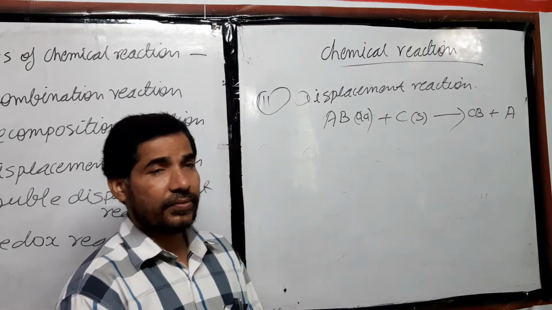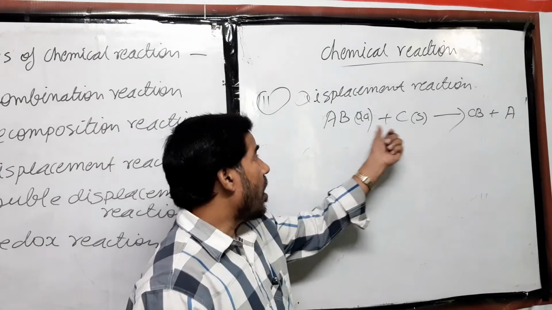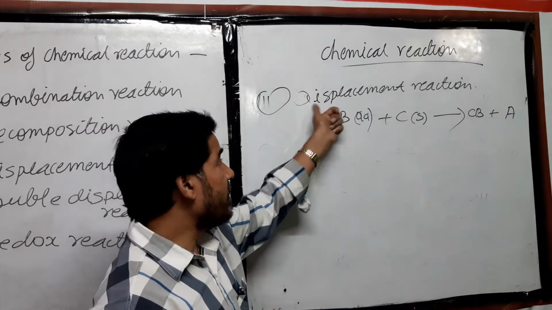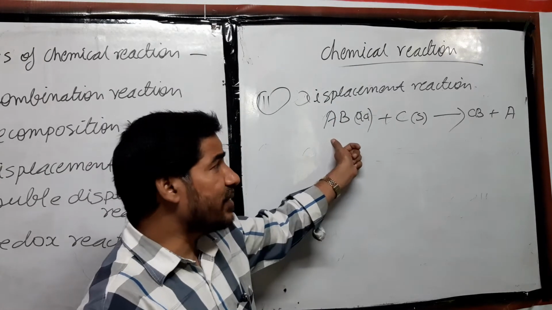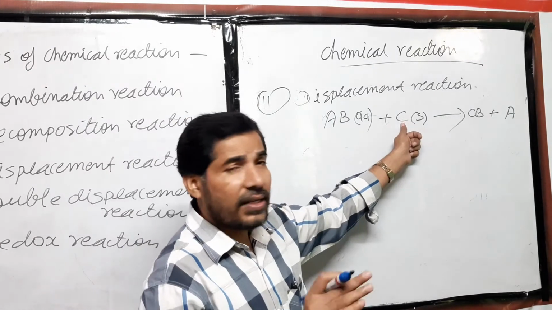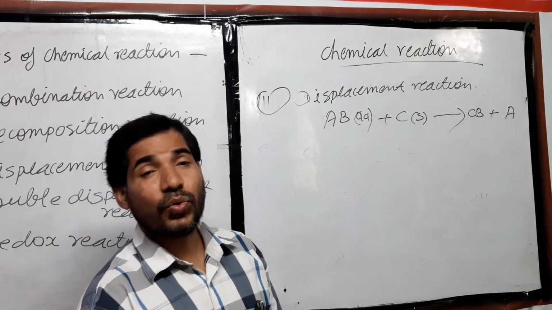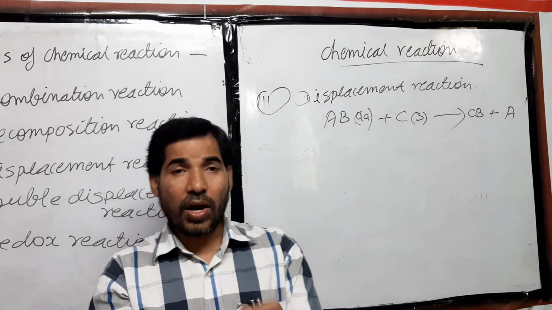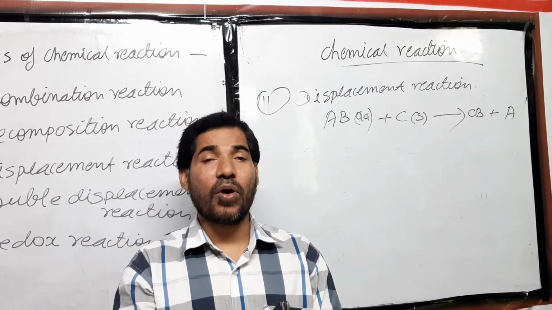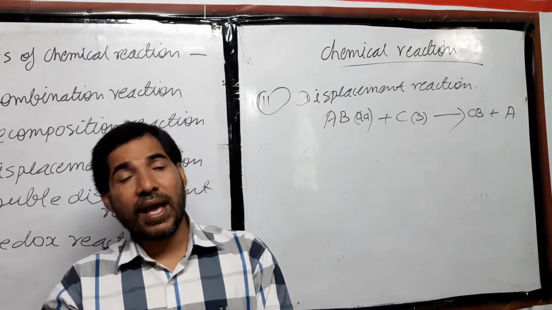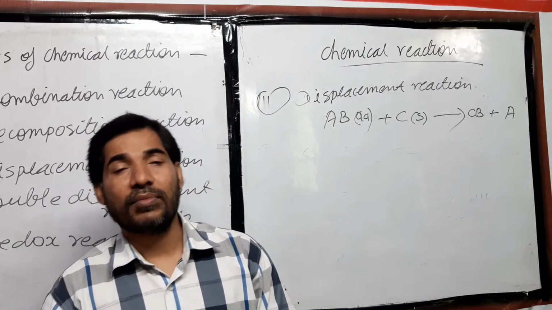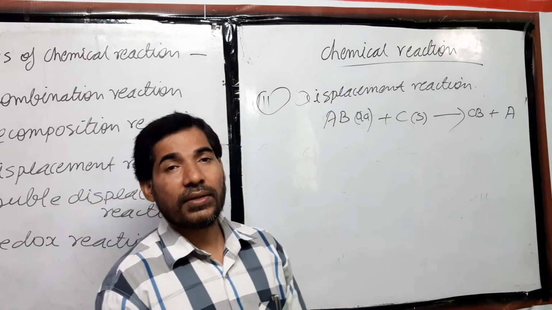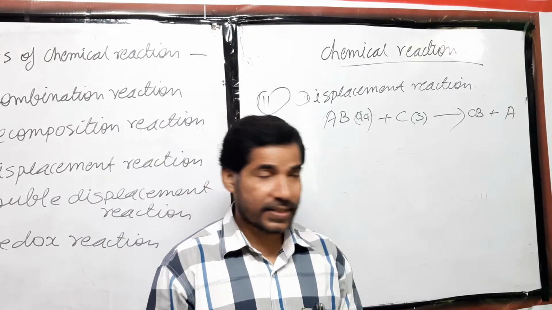Here you are seeing an atom which is present in a compound is displaced by another atom or a group of atoms. Those chemical reactions in which an atom or a group of atoms present in a compound is displaced by another atom or group of atoms are called displacement reactions.